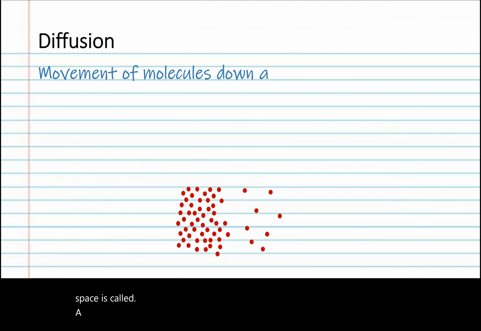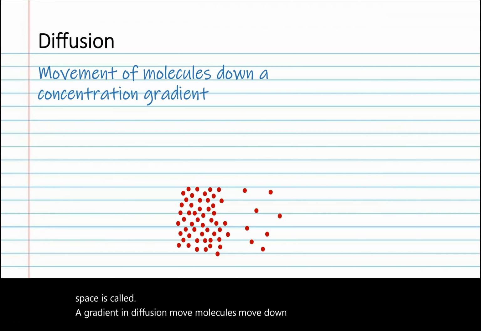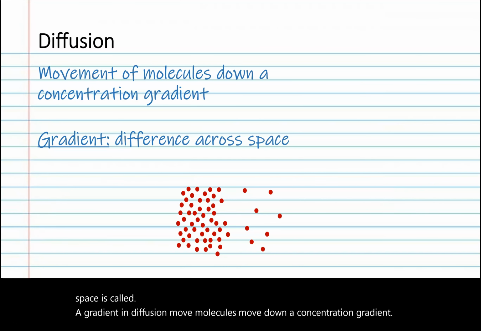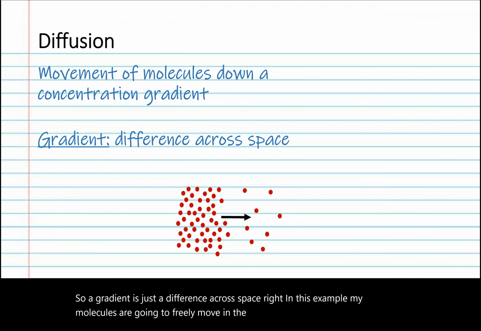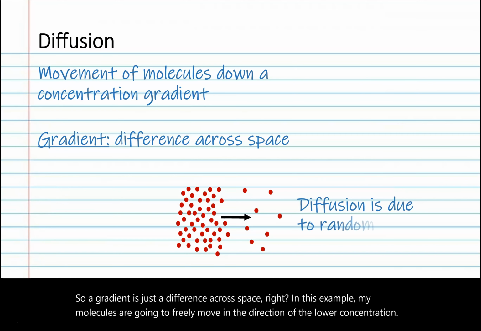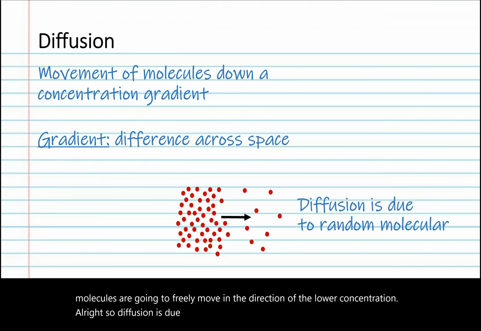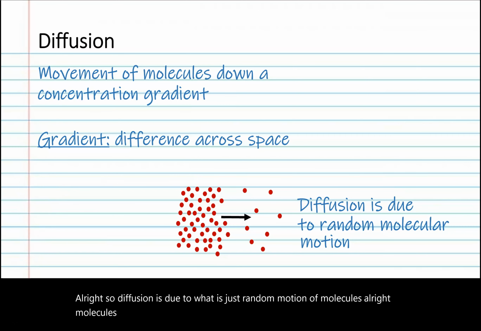In diffusion, molecules move down a concentration gradient, right? So a gradient is just a difference across space. In this example, my molecules are going to freely move in the direction of the lower concentration. Diffusion is due to the random motion of molecules, all right? Molecules are constantly in motion.